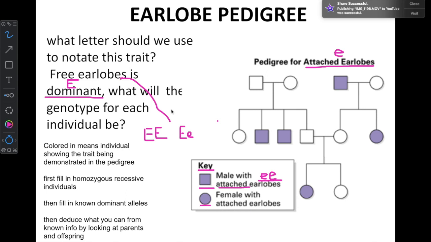But we know that if you have attached earlobes, you're going to be lowercase e, lowercase e. Then go through the pedigree, and the first thing you want to fill in is those recessive, because you know for sure what that genotype is. You don't know what your dominant genotype is going to be, but you do know your recessive genotype. So go ahead and fill in that lowercase e, lowercase e.